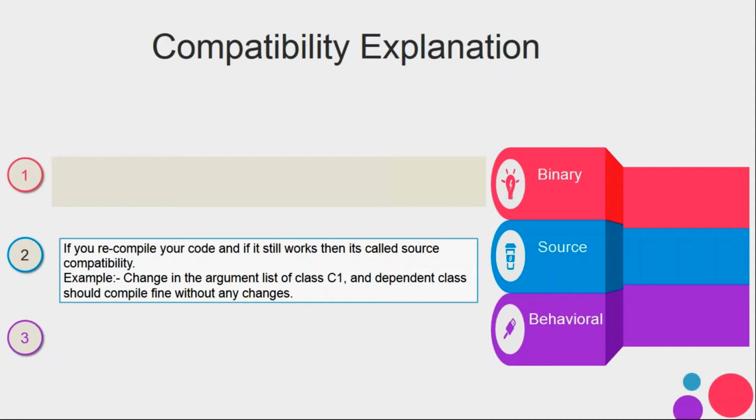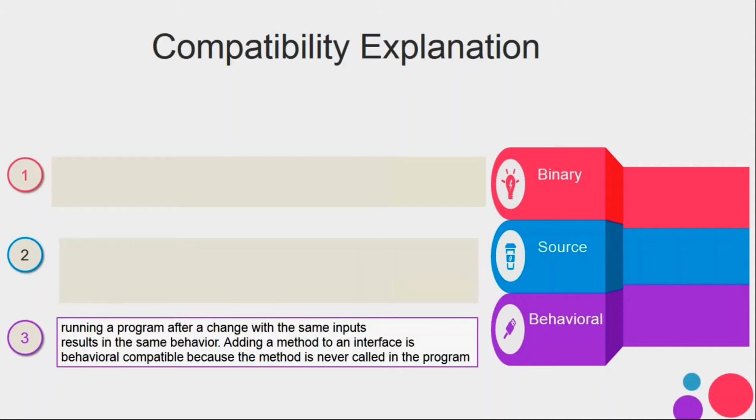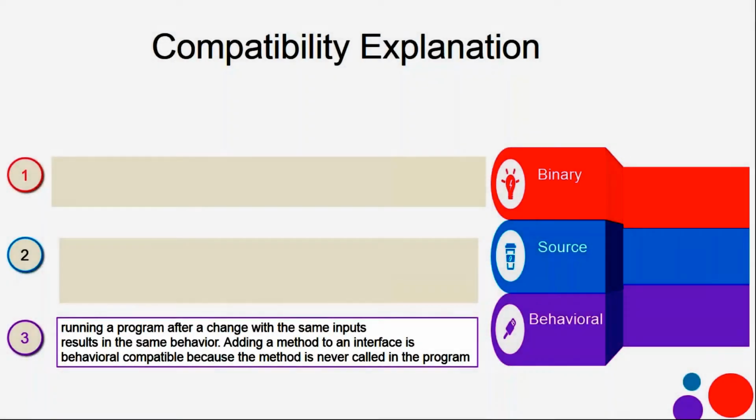We are going to look at this also. And behavioral compatibility means running a program after a change with the same input results in the same behavior. Adding a method to an interface is behaviorally compatible because the method is never called in the program.